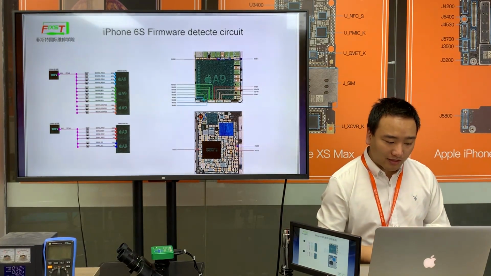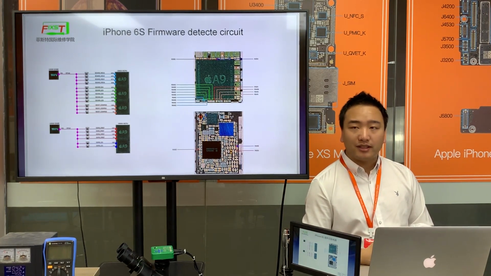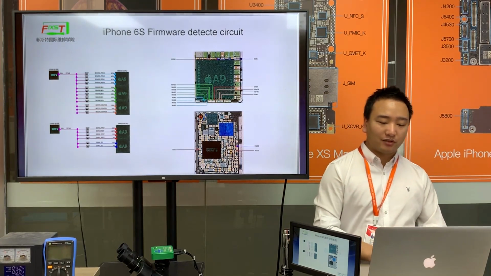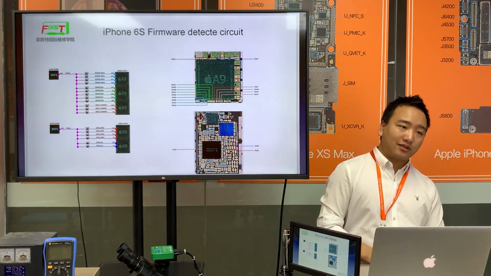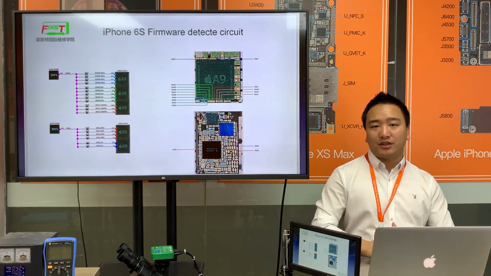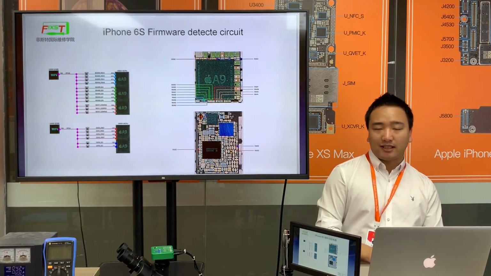The iPhone CPU has two layers: the lower layer is the CPU and the upper layer is the RAM. They are different, and the CPU and the RAM have different framework detect circuits.